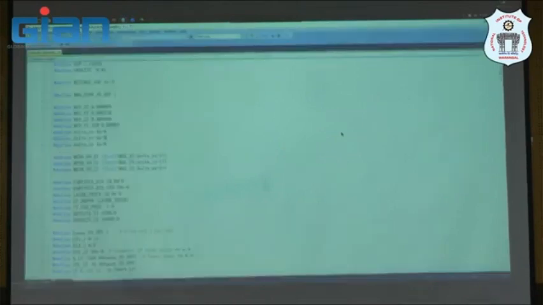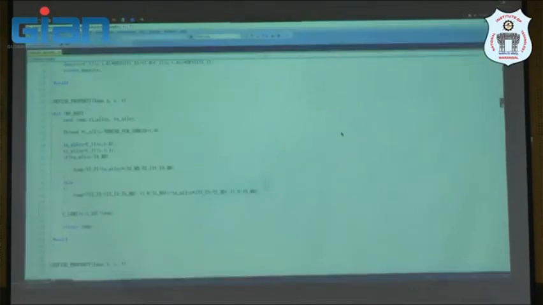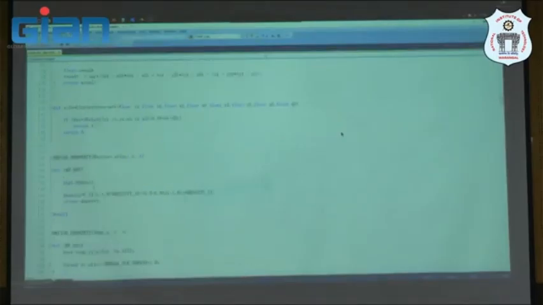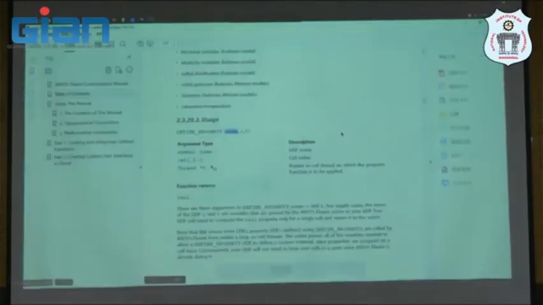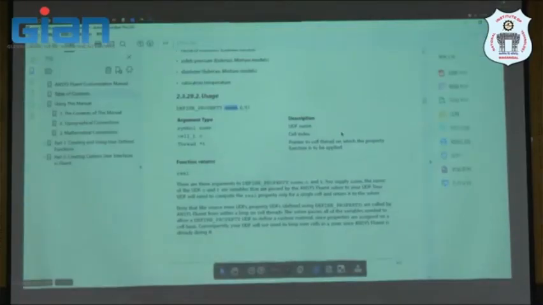I will define the density of the alloy based on my simulation case, and these two arguments will be transferred from ANSYS Fluent to this code.